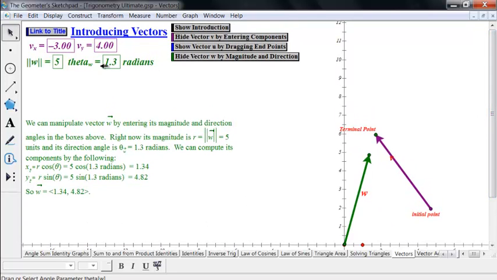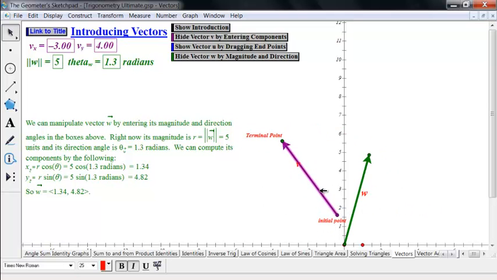So again, we can specify a vector like this one, the purple one, by giving components, and then from there we can figure out magnitude and direction, or like the green one, we can specify magnitude and direction and then compute components.